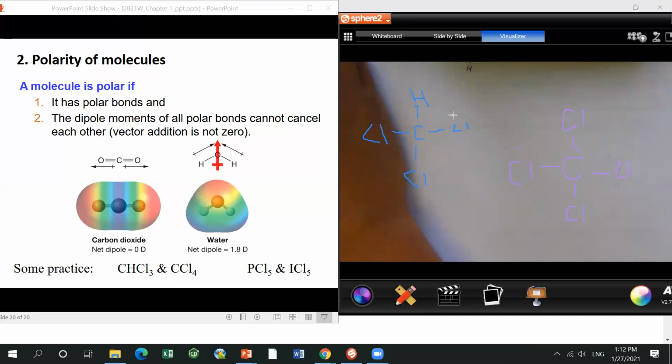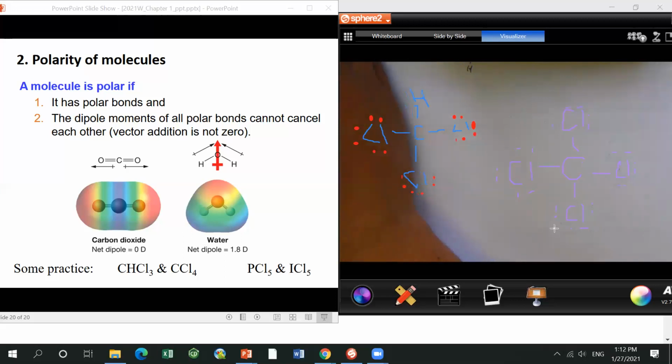So I add the lone pair electrons for you, dots. Yeah, that's correct. Pretty good.